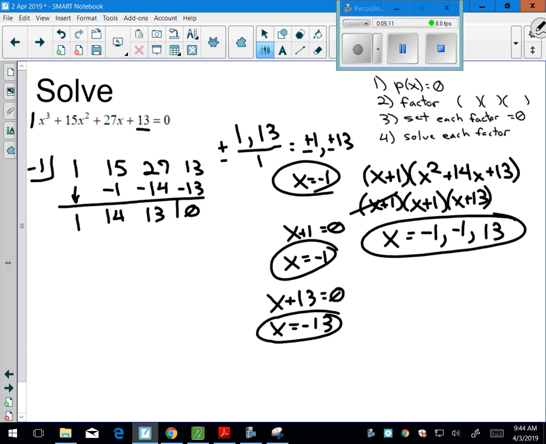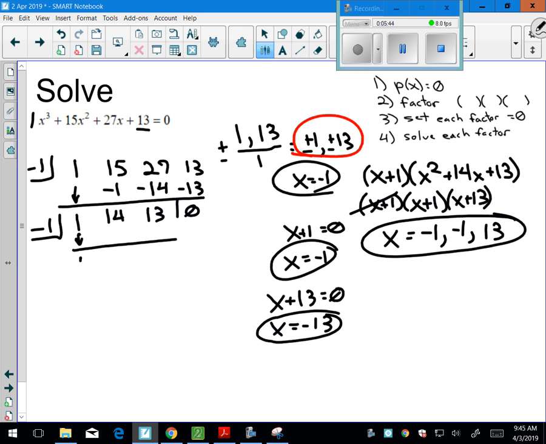I could have continued on with the synthetic division. My leading coefficient is 1, my constant is 13, so I run back into the same possible outcomes for factors, but I know that +1 is not a factor, because if it's not a factor of the original, it's not going to be a factor of any of the subsequent factors. So I try -1 again.